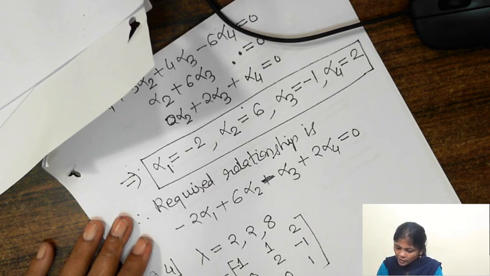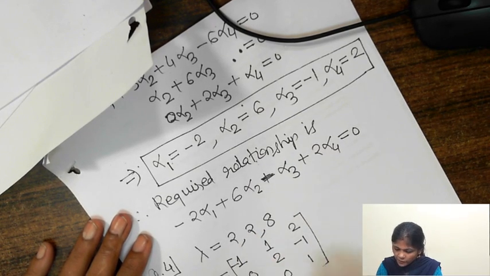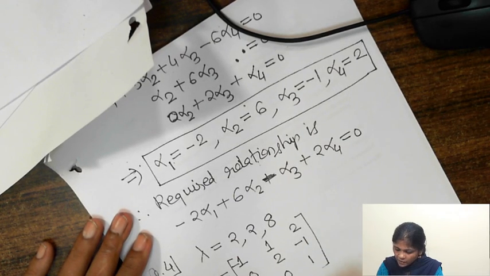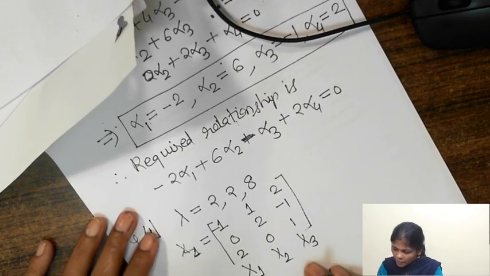Maybe you will find an interchange of these 3 columns, but the entries in the first, second, third column must be these. This is our x1, x2 and x3. Maybe the values may interchange depending upon the selection of lambda.